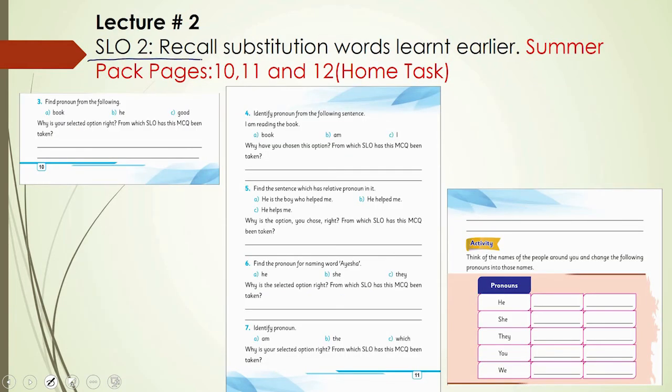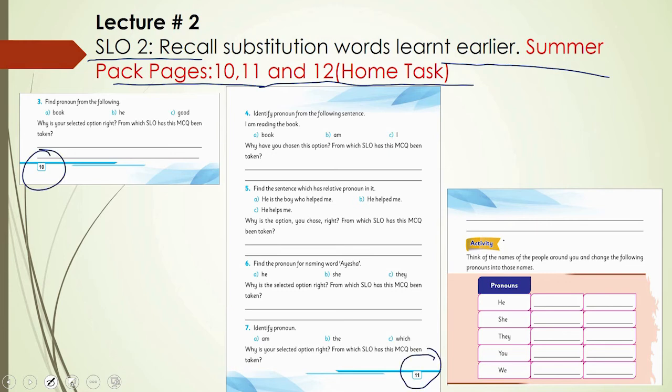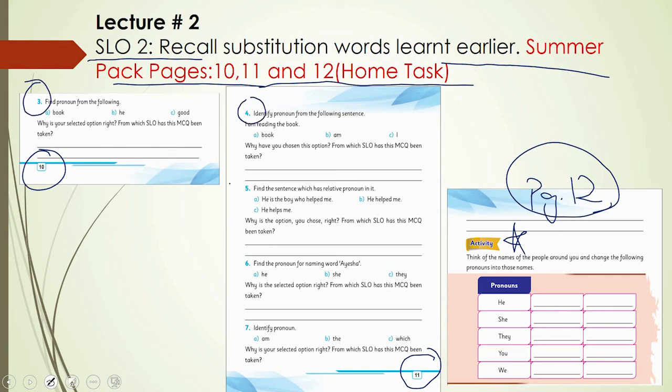Once you're done, you need to see your homework or extra practice home task on the workbook pages 10, 11 and 12. This is on page 10, page 11, and there's an activity on page 12. Circle question number 3 on page 10, numbers 4, 5, 6, 7 on page number 11, and make a star on the activity.